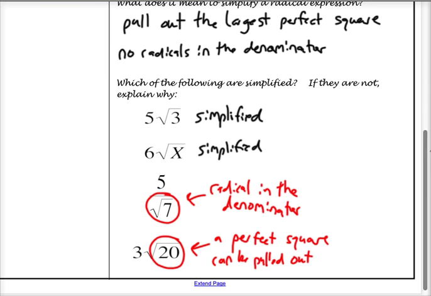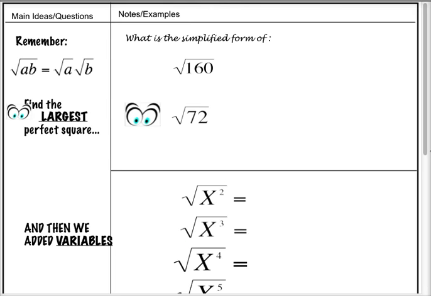All right, so moving right along. Let's review how we actually do simplify these things. So we need to be pulling out the largest perfect square in each of these. So the square root of 160. Now, this is why I had you remake your list to refamiliarize yourself with those first 15 perfect squares. So looking at our list, we need to see which is the largest one that divides 160.